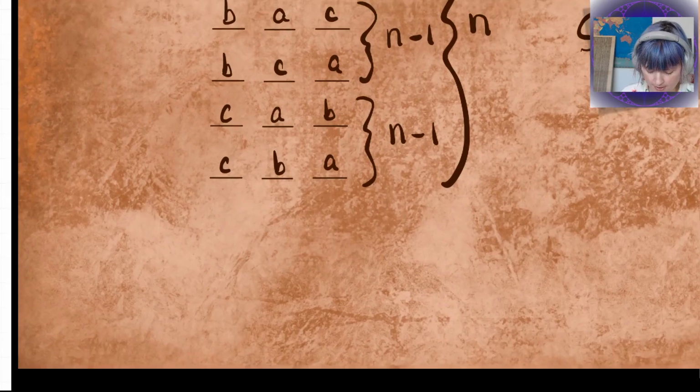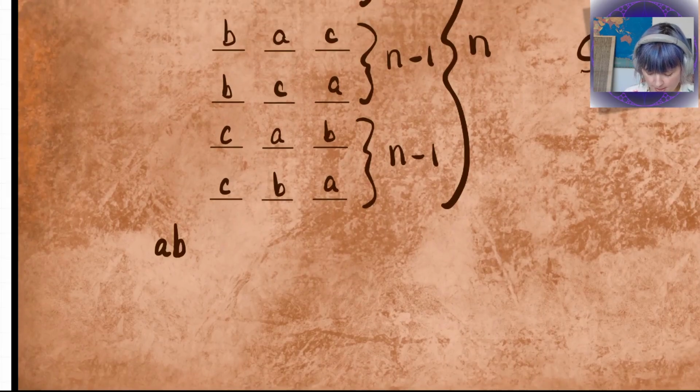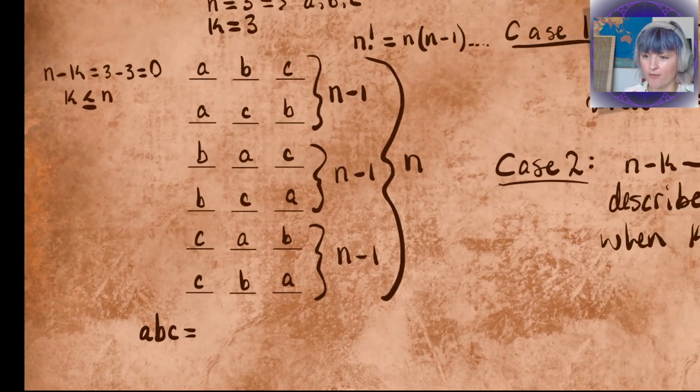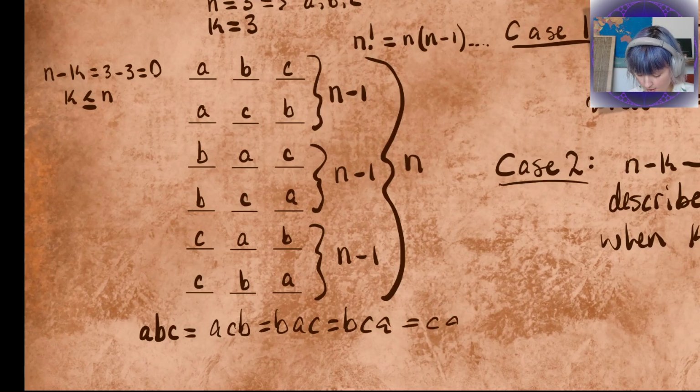So a combination, like we said, order doesn't matter. That means that for what we're looking at, ABC is equal to ACB is equal to BAC is equal to BCA, CAB, CBA. So if all of these are equal, how many unique combinations do I have? I just have one.